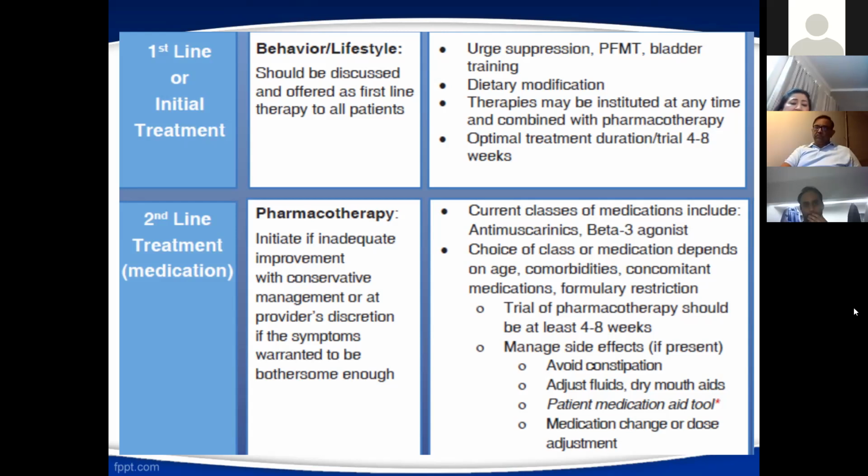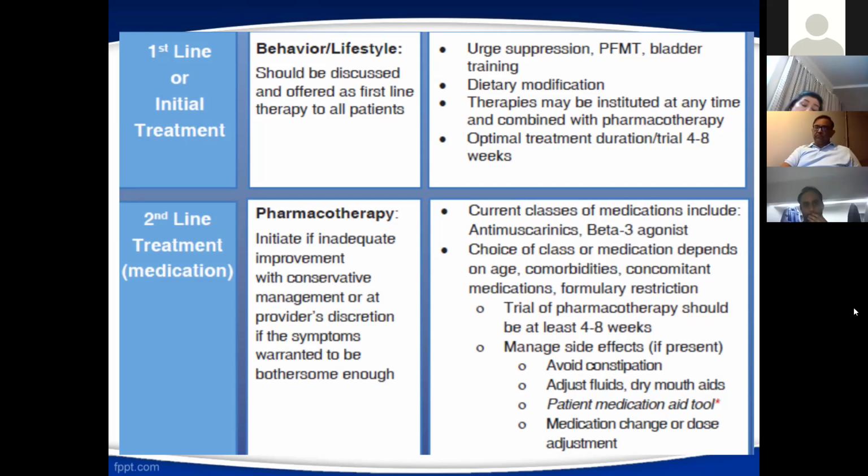The second line, according to this paper and my own definition, includes pharmacotherapy. This is initiated if the behavioral intervention, which is the lifestyle, good bladder habits, and pelvic floor muscle training with or without biofeedback, is not enough. This first line is a big spectrum, and whatever you do would reduce the burden of OAB by less than 30%.